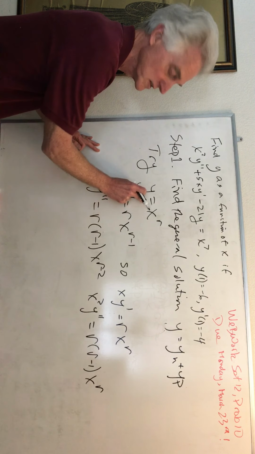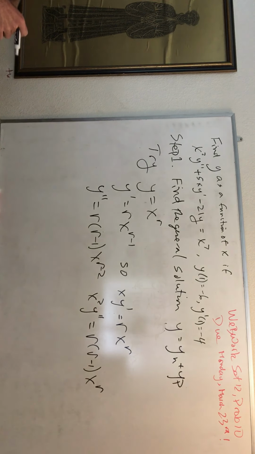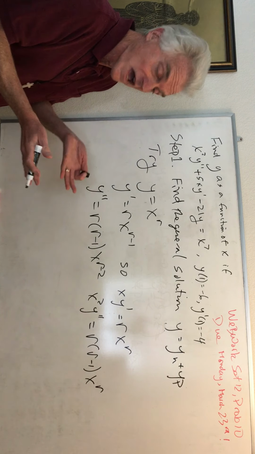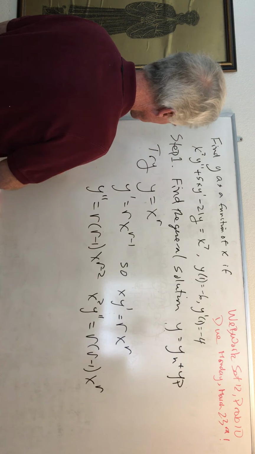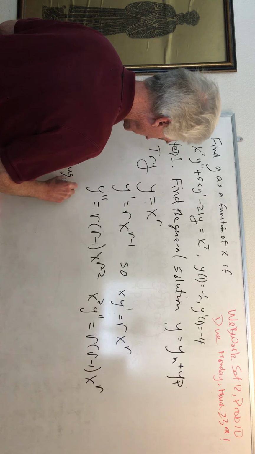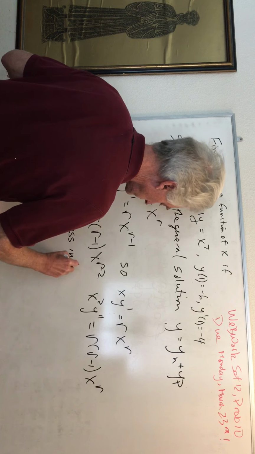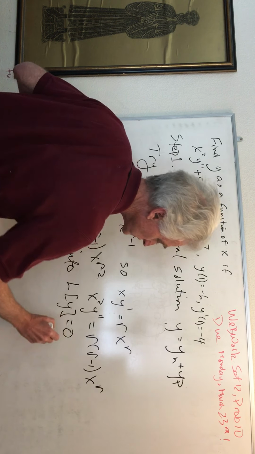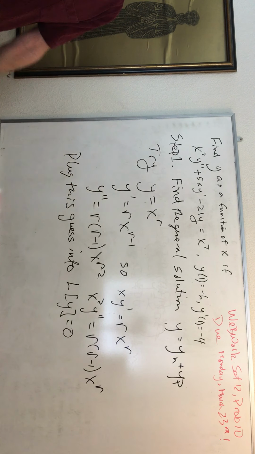So if I plug this type of function, y is x to the r, into the left-hand side, I get some mess times x to the r. So you plug this guess into Ly equals 0. I'm trying to find yh now.